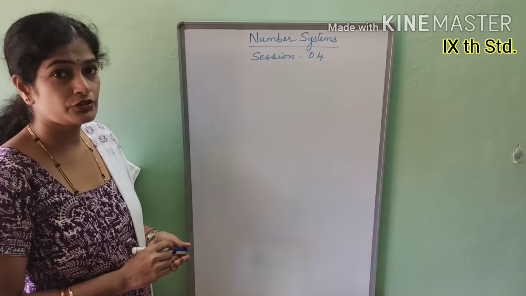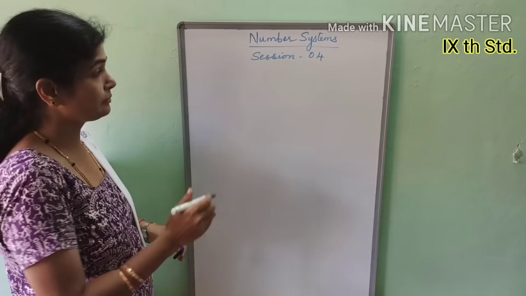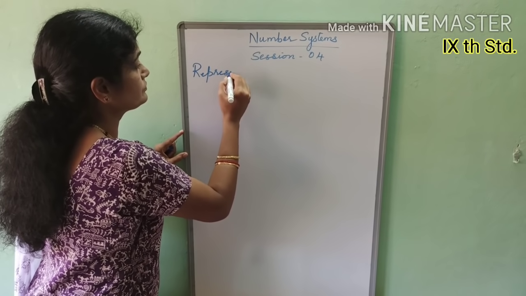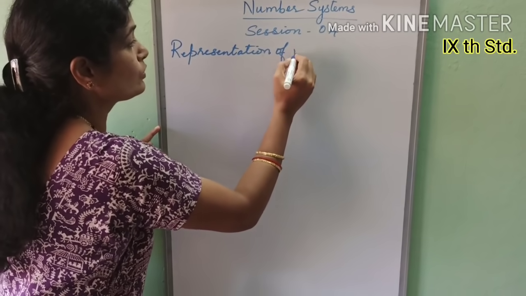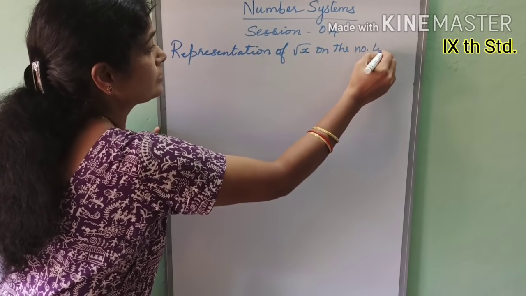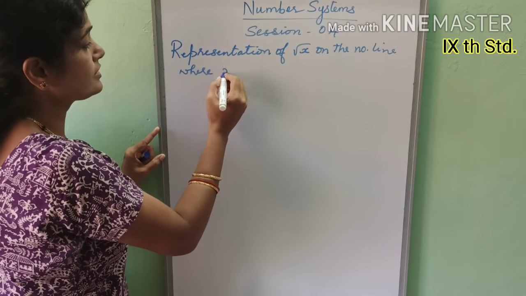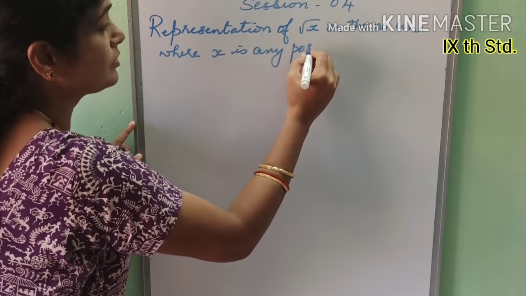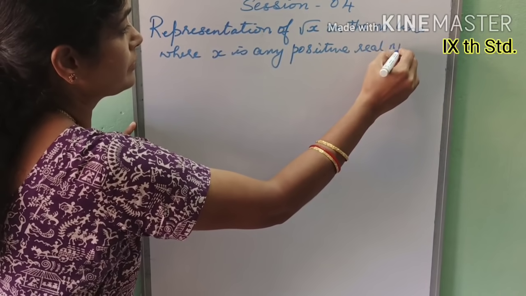Now let's move on to the next topic, that is representation of root x on the number line. The representation of root x on the number line, where x is any positive real number.